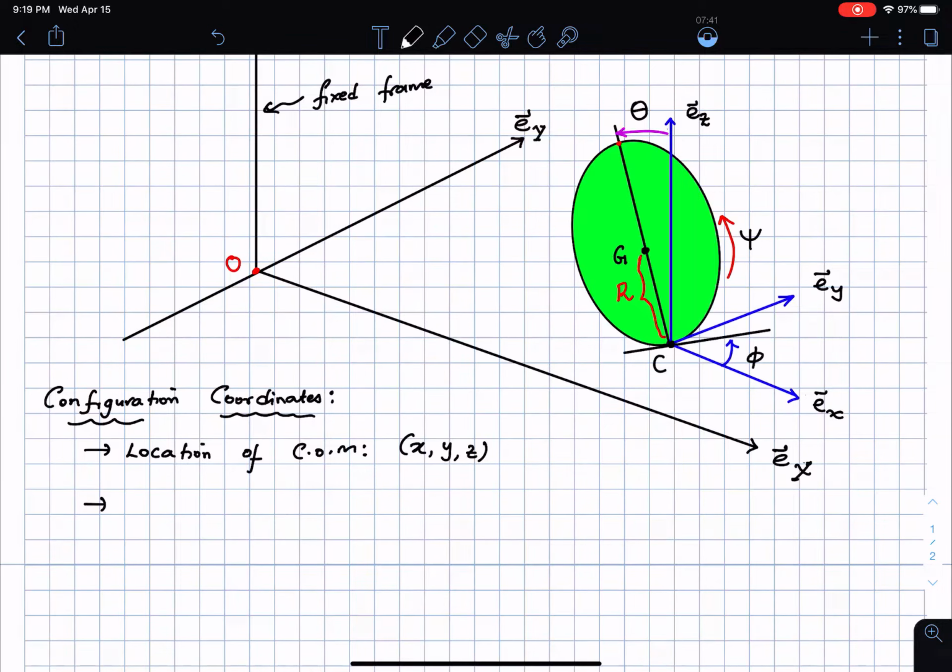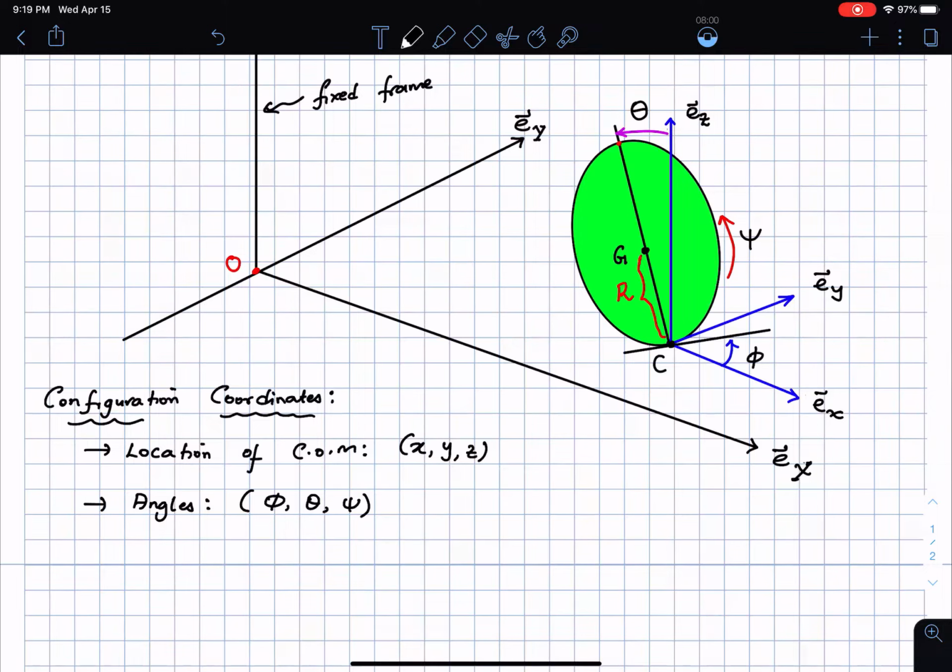And then the angular quantities that describe the precession, the nutation, and the spin of the coin, the angles, which we called phi, theta, and psi.